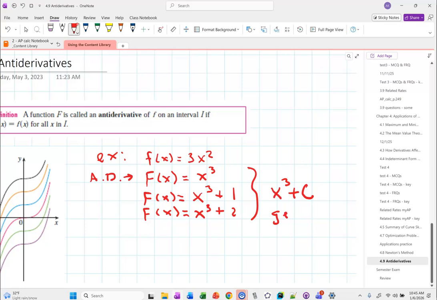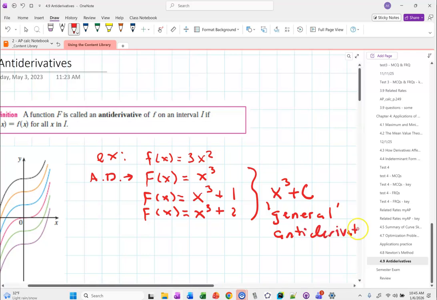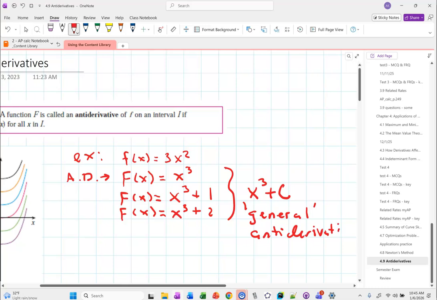We call this the general antiderivative. Is everybody okay?